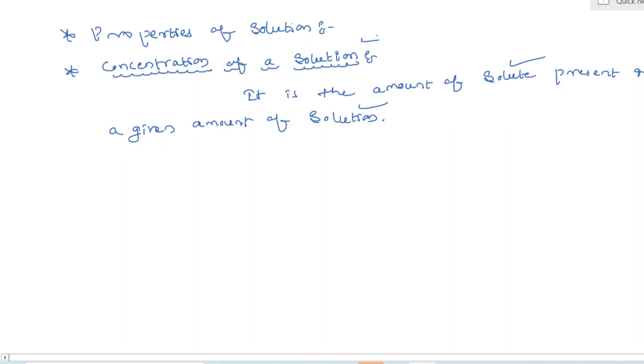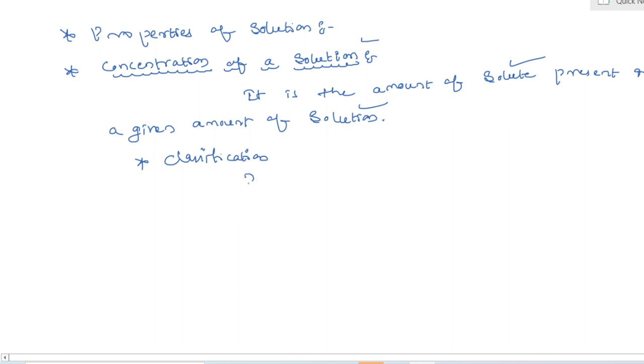Depending upon the amount of solute present in a given amount of solvent, it is classified into how many types?